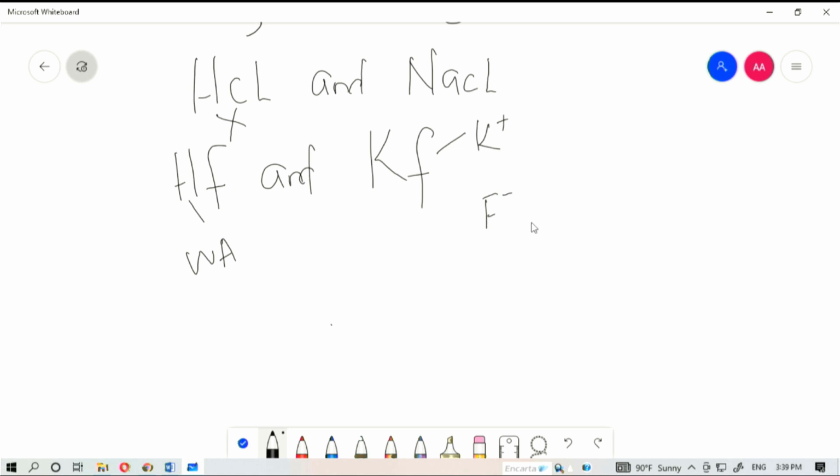So definitely you can see that this F minus is a conjugate base of HF.